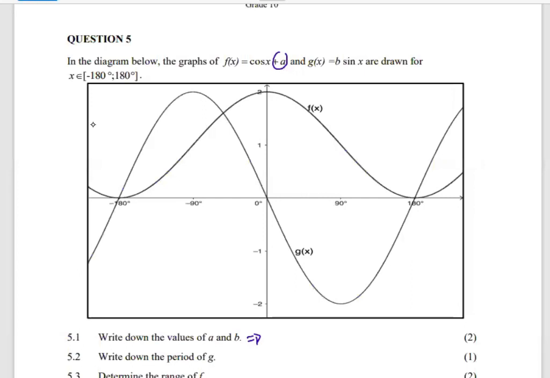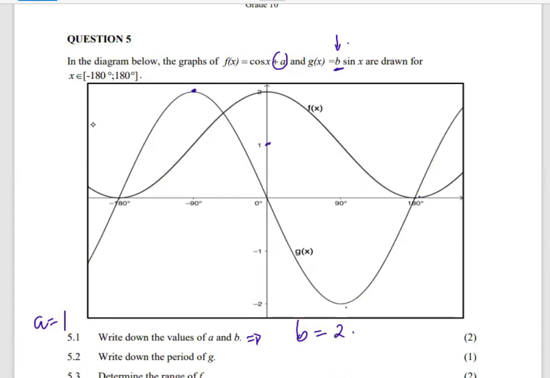We expect this graph to be passing by 1, and then this minimum to be below. So since we have 1 unit of difference, it simply tells us that a moved 1 unit upwards. So a is positive 1, and then b is the amplitude for the sine graph. So the highest point this graph is reaching is a 2. Minimum is a 2, meaning that b is going to be a 2.